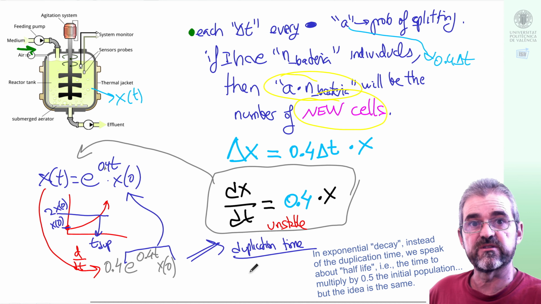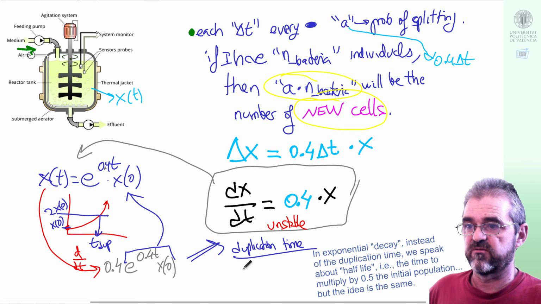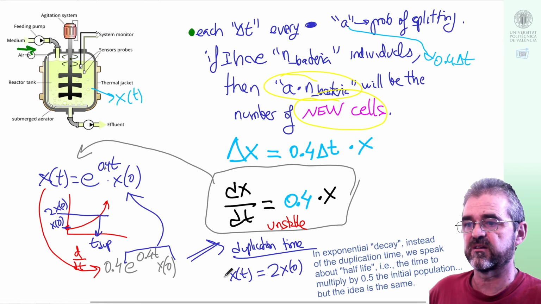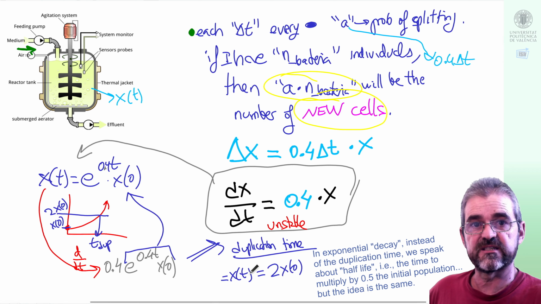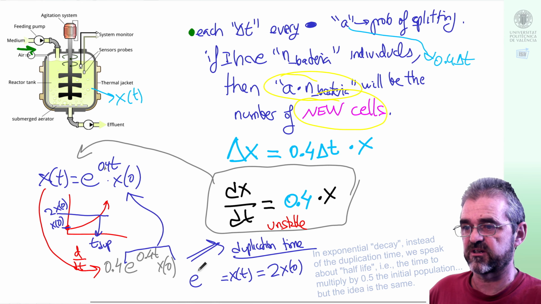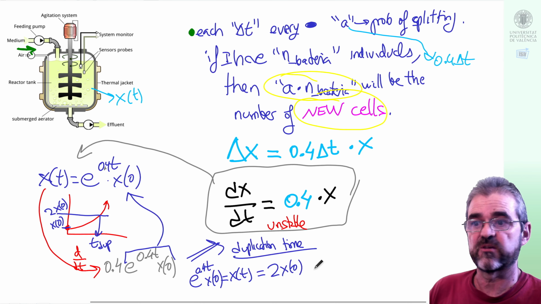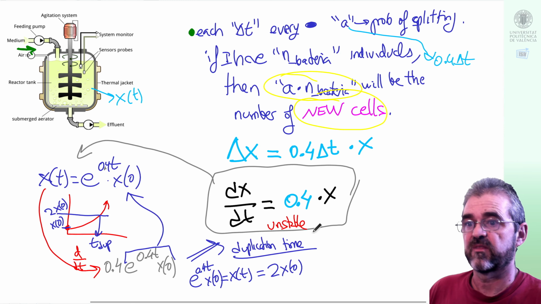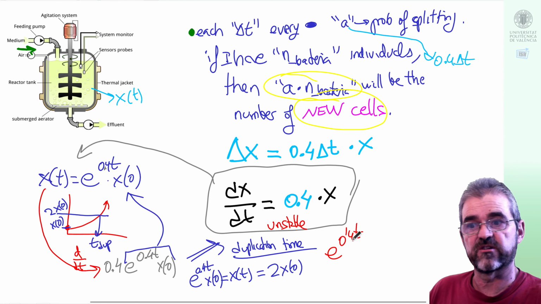And how can we compute it? Well, it's easy. If we say that x(t) must be equal to 2x0, then replacing x(t) as this exponential times x0, we just need to solve the equation exponential of 0.4t equal 2.